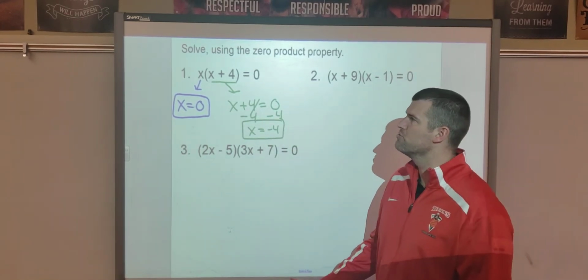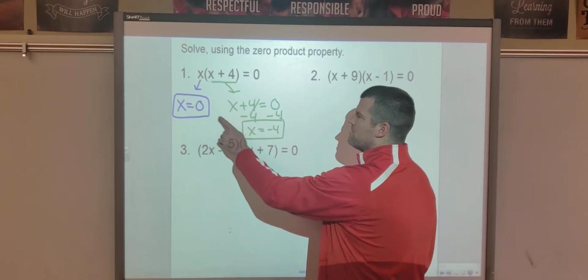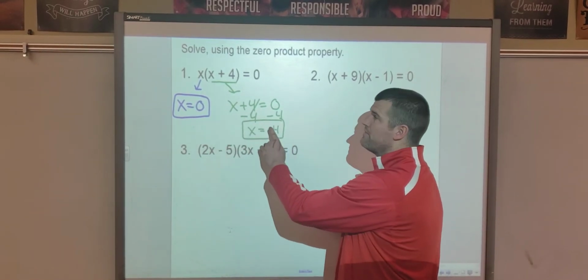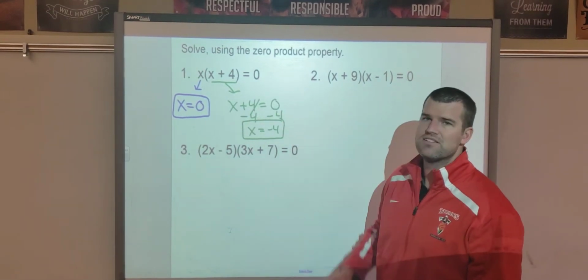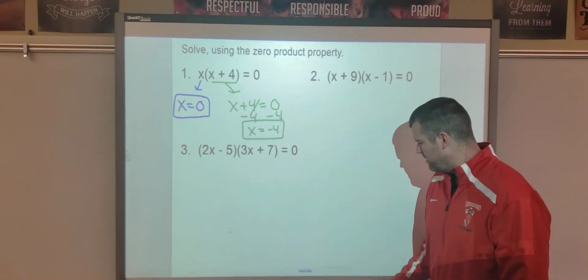So my two solutions for this problem are 0 and negative 4. Either one of them, if I plug them in for x, is going to give us something that multiplies to 0.